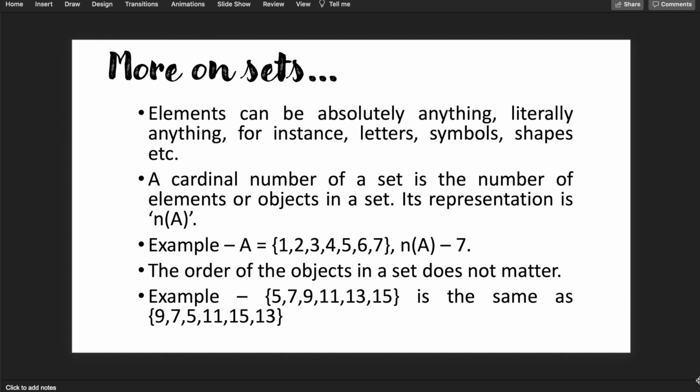Or also all the books you own, or the concepts you know, anything could be a set. And the cardinal number of a set is the number of elements or objects in a set, and it's represented by using n of A. In functions, you usually say n of A when there's a bracket. So even in sets, we do this.